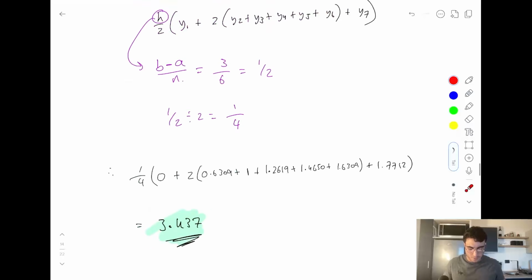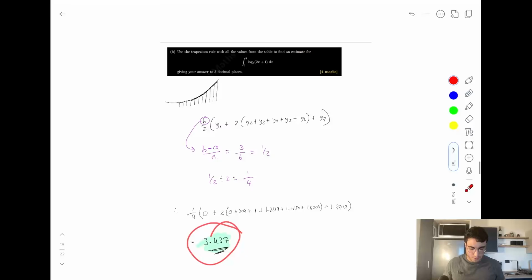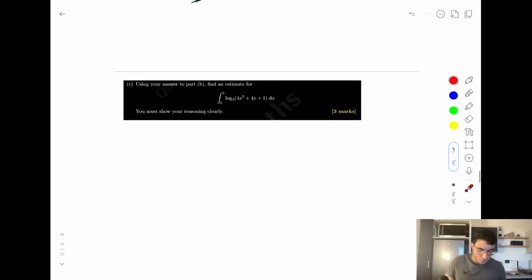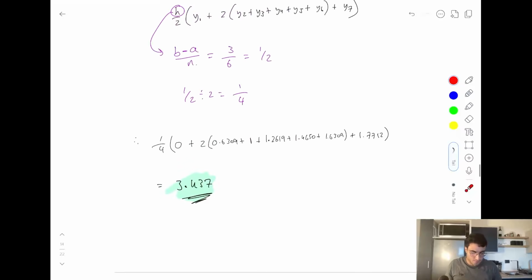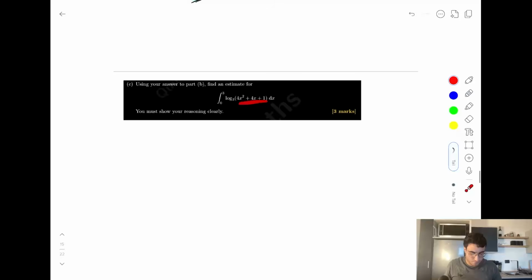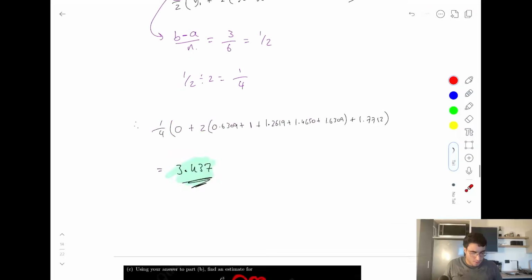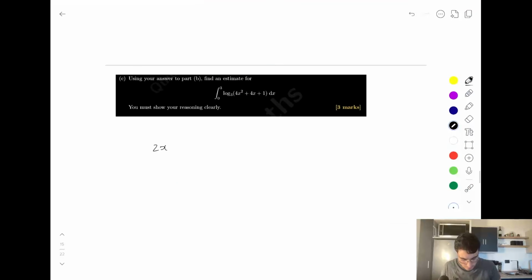Alright guys, so for number C, we are now told to find an estimate for this, given our answer in part B. Okay, this was our answer in part B. So, first things first, if you are not smart with this, you could waste a lot of time. But we're going to be smart about this. What relationship does this have to this? Well, 4x squared plus 4x plus 1 is 2x plus 1 squared, right?